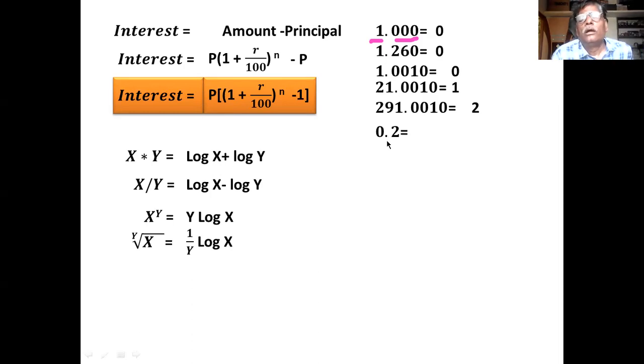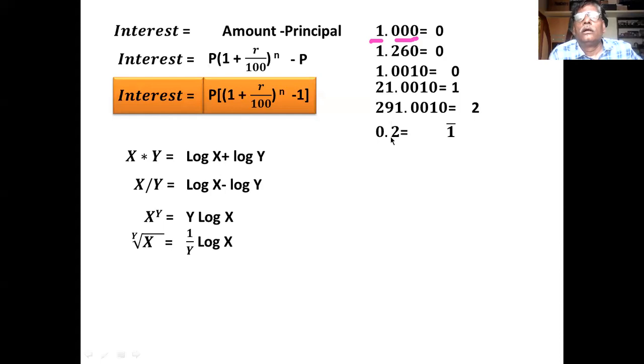So, remember, after the decimal point, you count the zeros before starting any number. You count the zeros, then increase by 1, and give the characteristic.